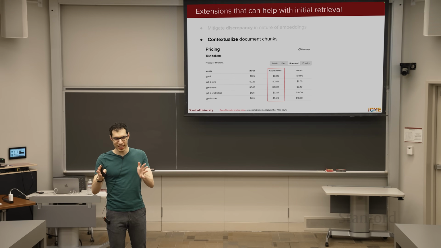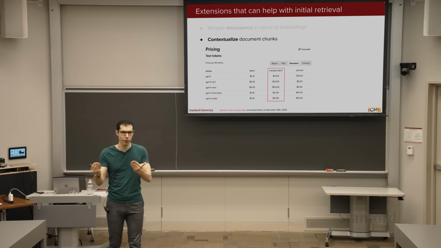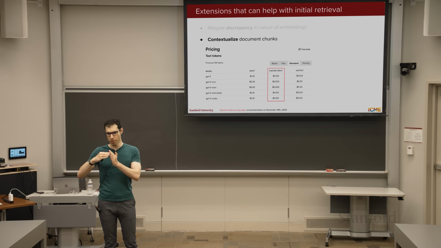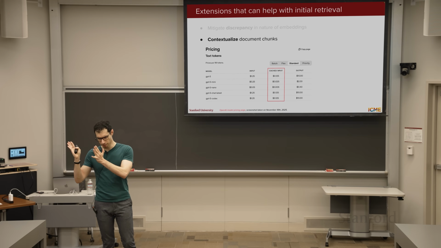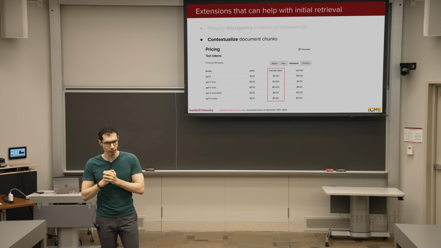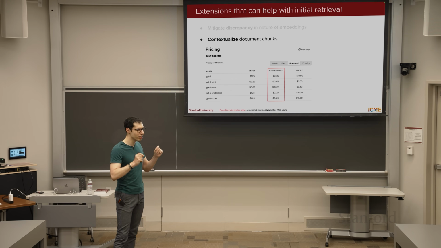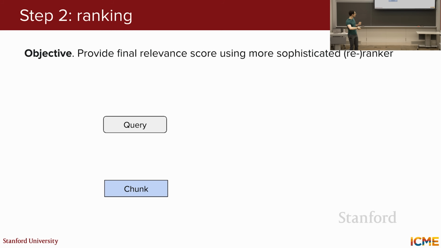But I guess this second step is about being more intentional in how we give the final score to be able to really select the final, let's say, top K chunks. So the second stage is called ranking or even re-ranking. Re-ranking because I guess with the first step you already have some kind of ranking.